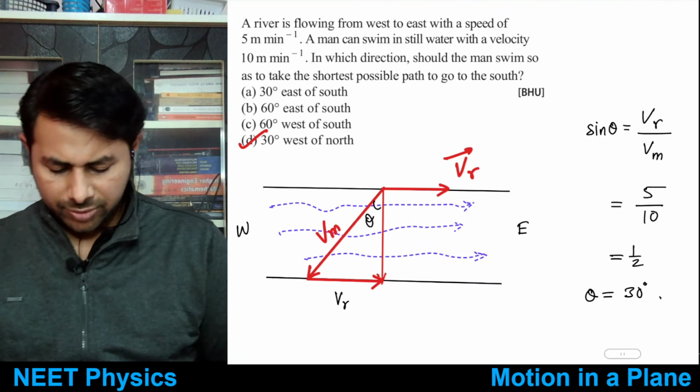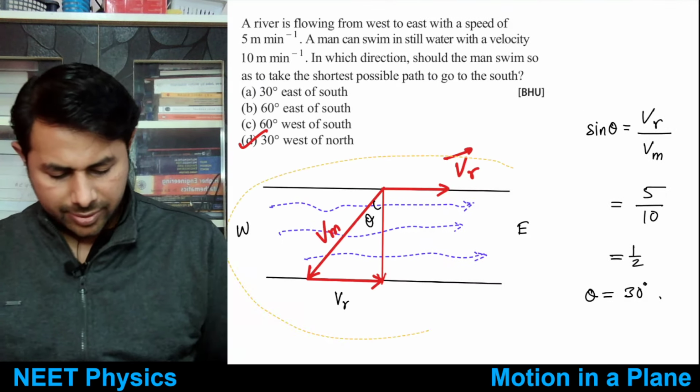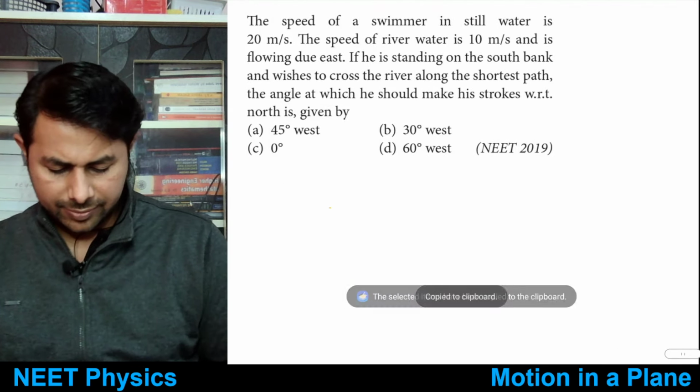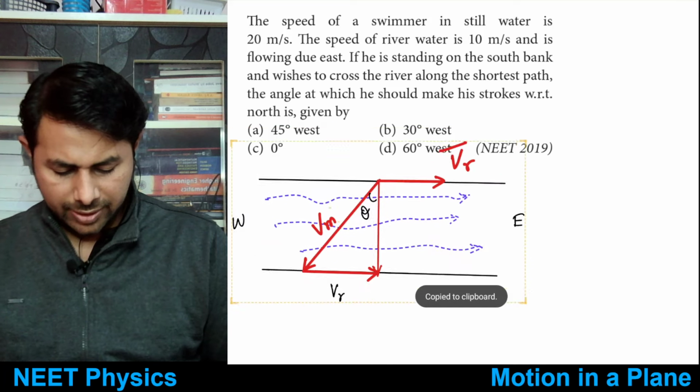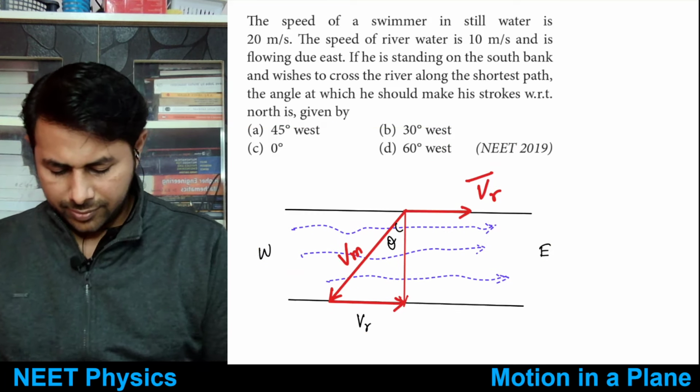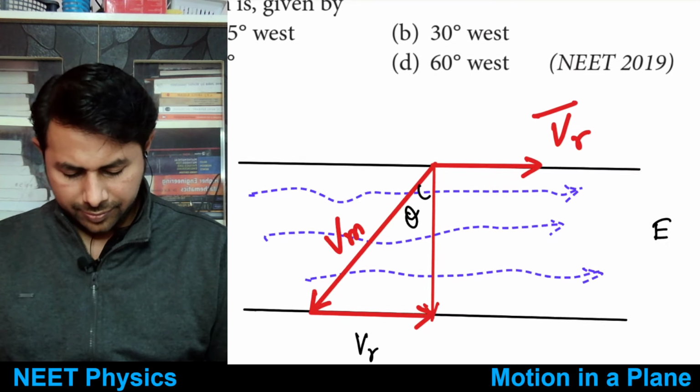So our other swimmer was on north bank and wanted to go to the south bank. This one wants to move from south to north. Okay.